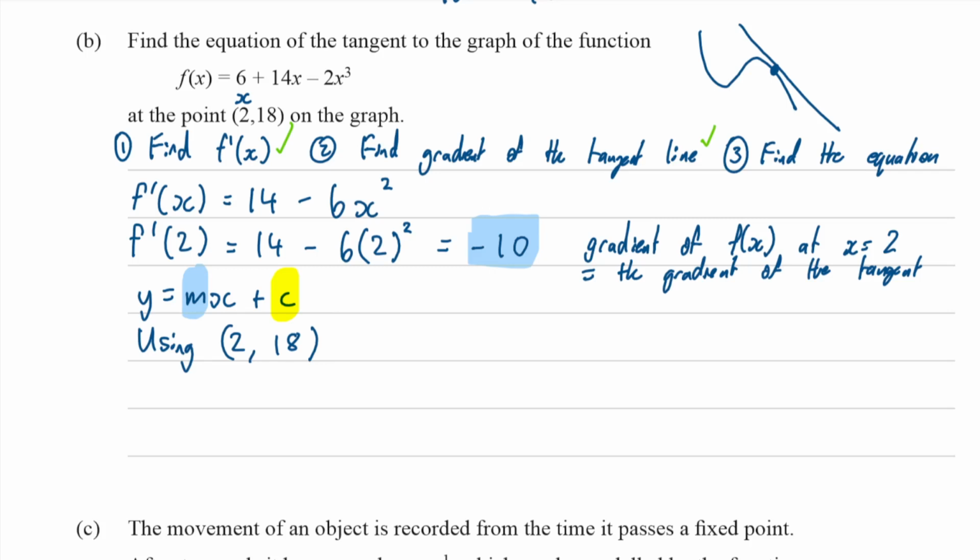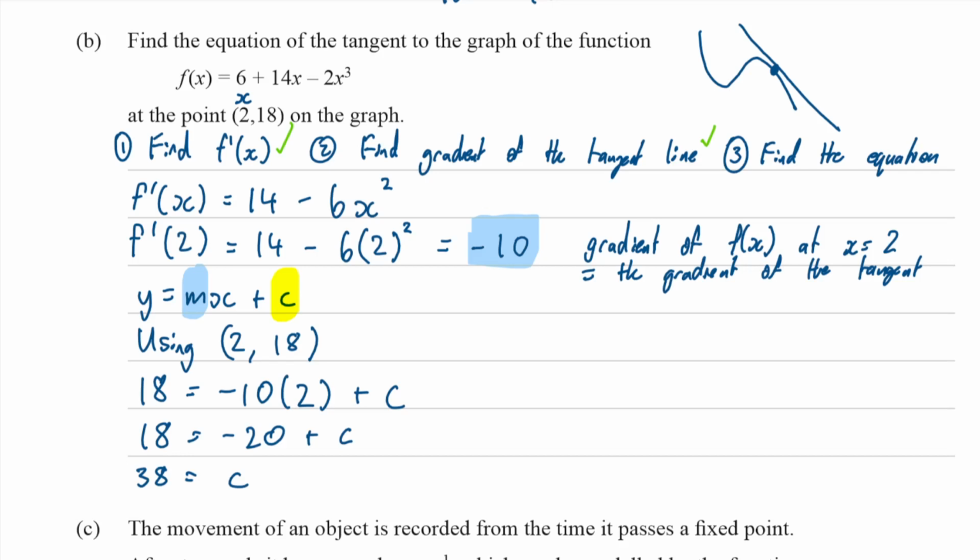So substituting in 18 for y, m we know is negative 10, substituting in 2 for x, and then solving for c. So 18 equals minus 20 plus c. Adding 20 to both sides, we get c equals 38.